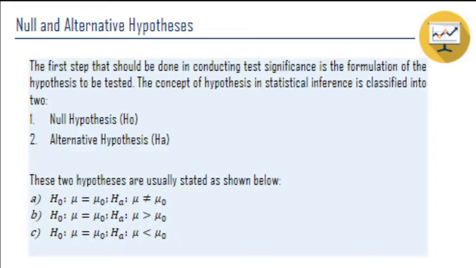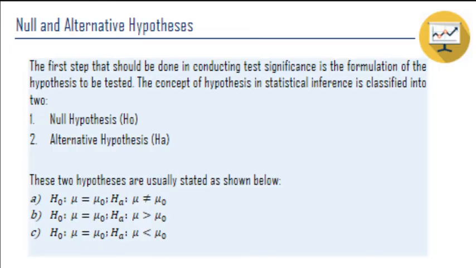So we have the null hypothesis could be mu is equal to mu sub O. Of course, the possible alternative hypothesis is mu is not equal to mu sub O. And letter B, same null hypothesis, but the alternative hypothesis could be mu greater than mu sub O, and for letter C, mu less than mu sub O. Always remember that we use equal sign when expressing a null hypothesis.